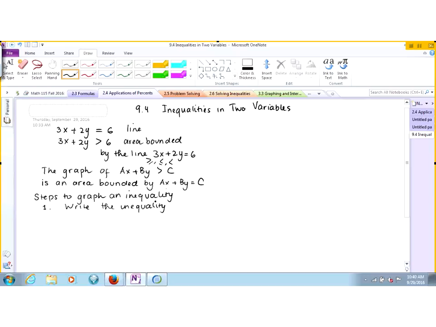So this is the original inequality. Two, replace the inequality sign by an equal sign. All right. And then three, graph the equation, graph the line.